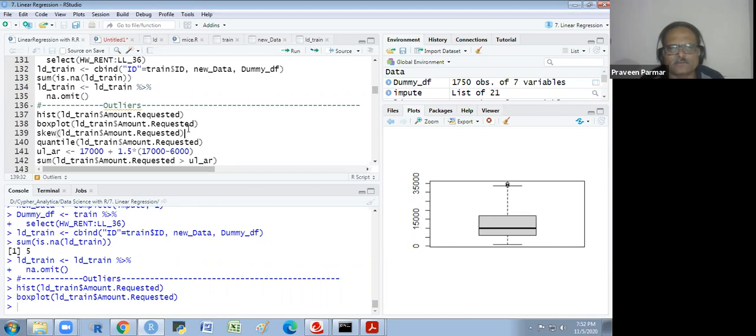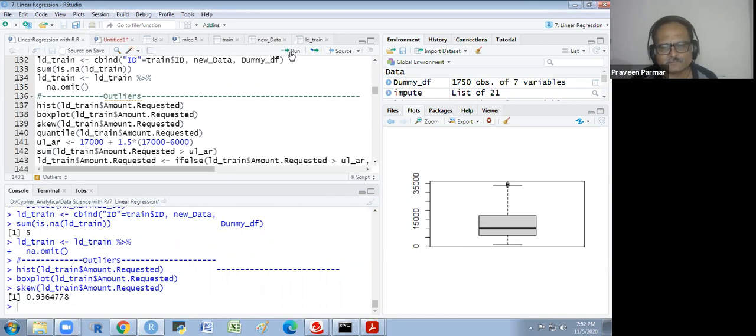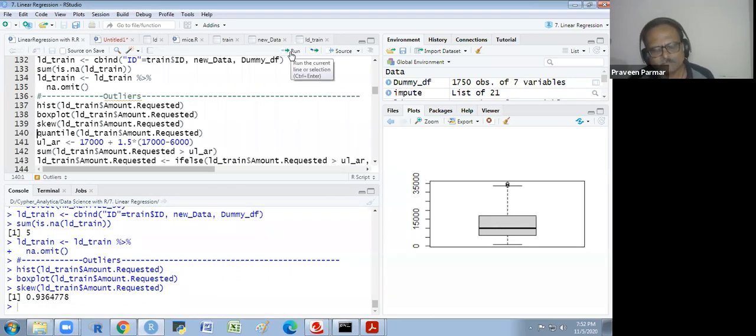Now we are seeing one more statistic, skewness. What is the skewness here? 0.93. Positive skewed, highly positive skewed.